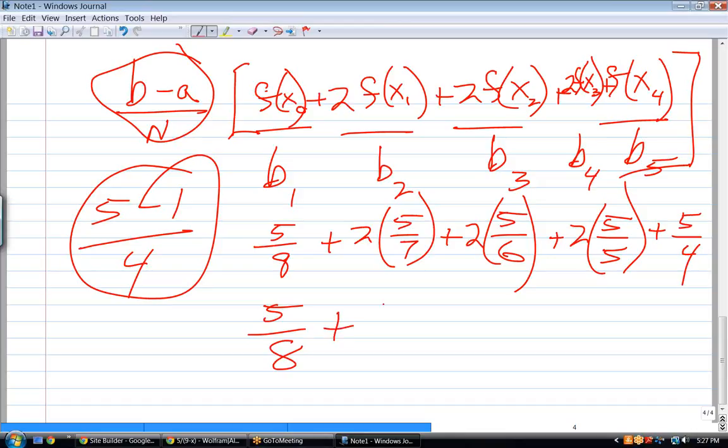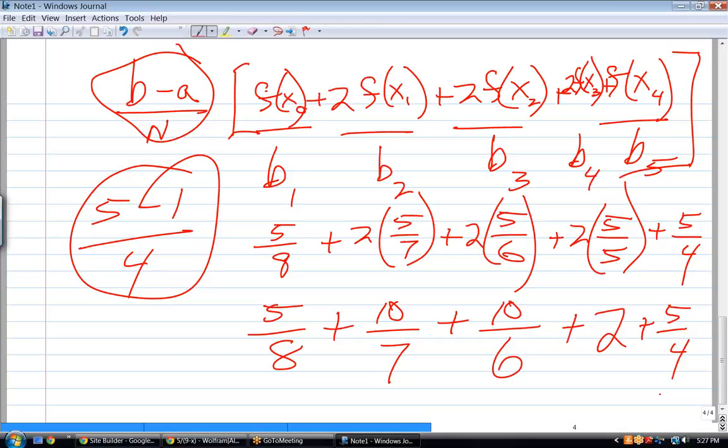Do we need a number? Can you do this in your calculator? You should be able to do this part here easy enough. Let's have a number for that. Be around 6. Maybe 7.